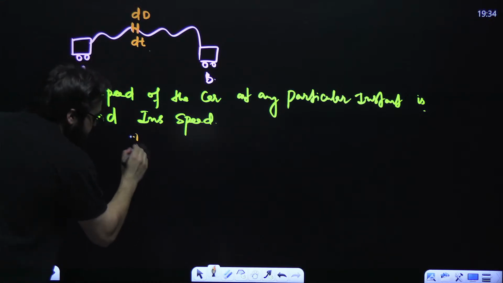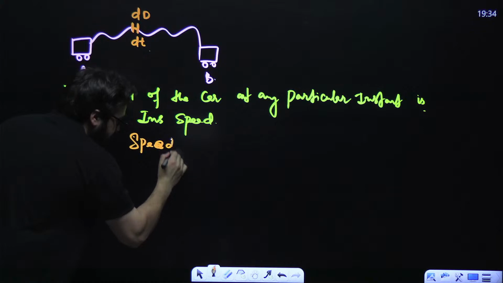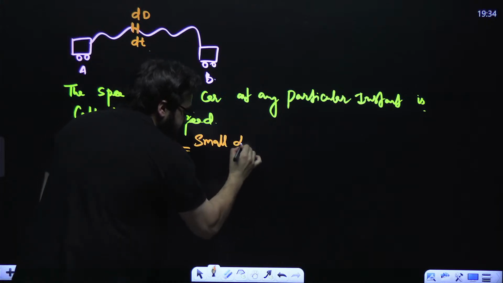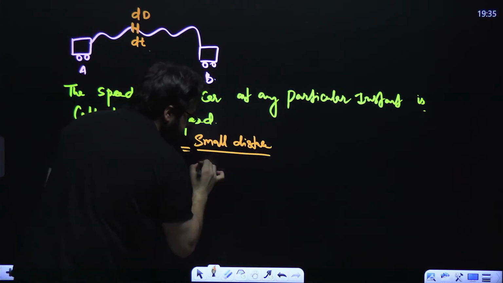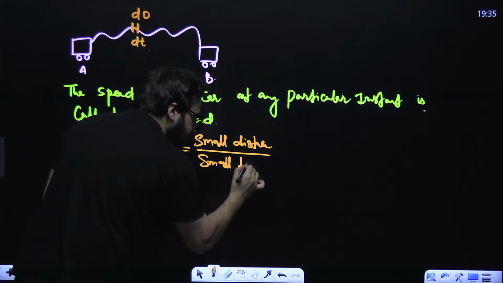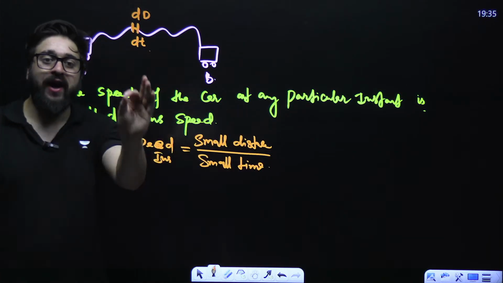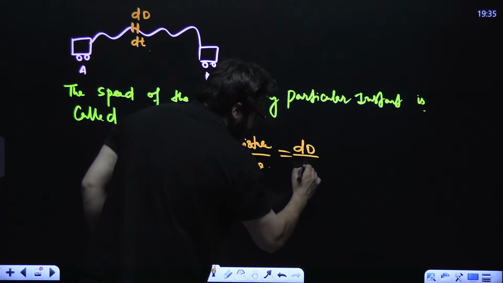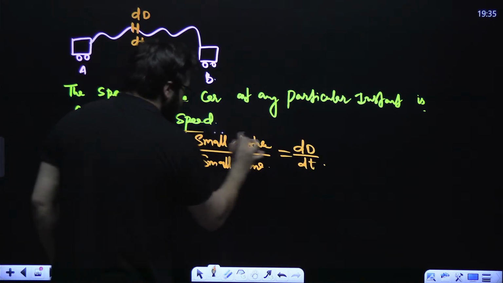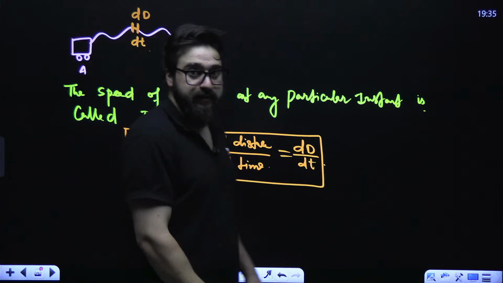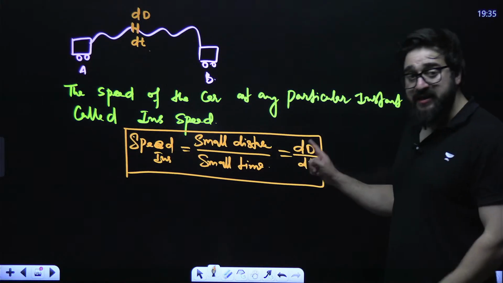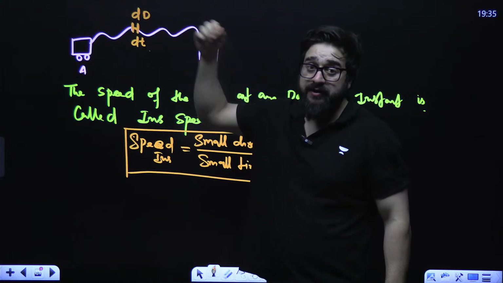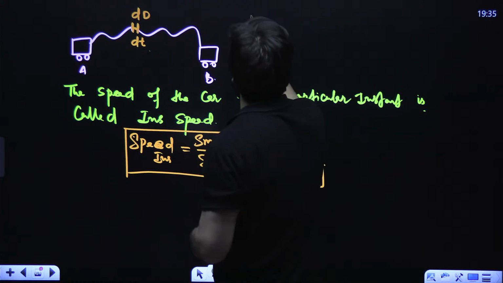So instantaneous speed is simply small distance upon small time. I can write it like this, dD divided by dT. This is the rate of change of distance with time at any particular instant. So this is what we call the instantaneous speed.